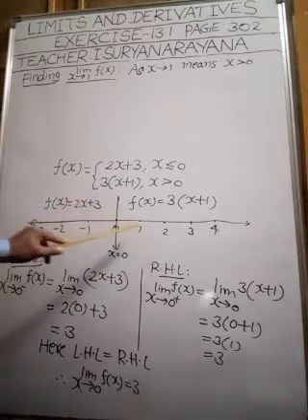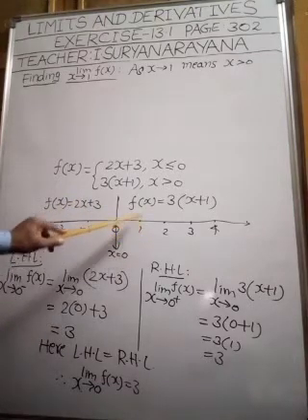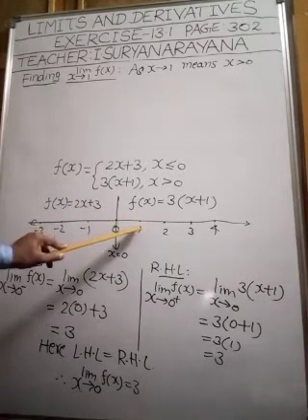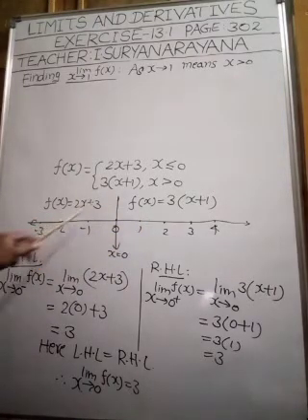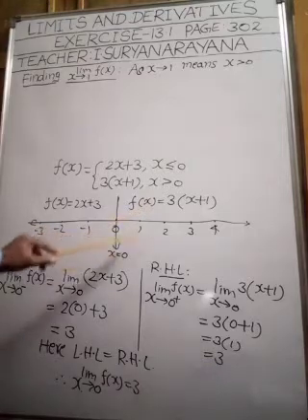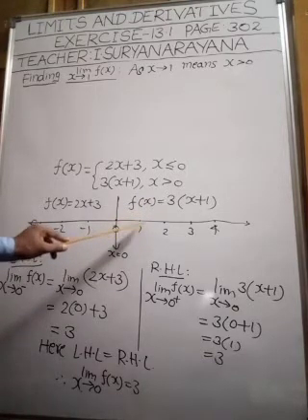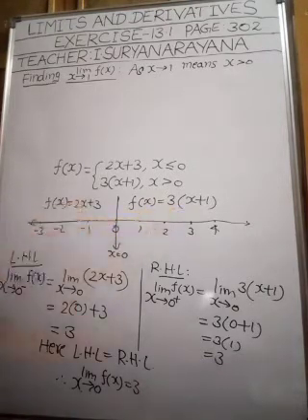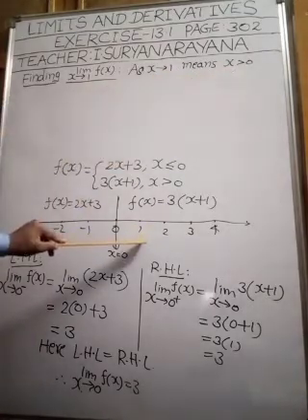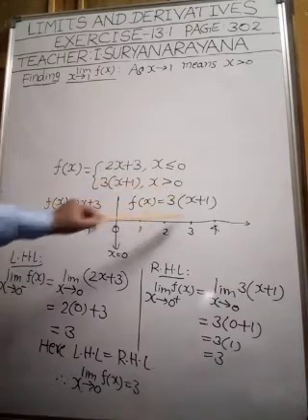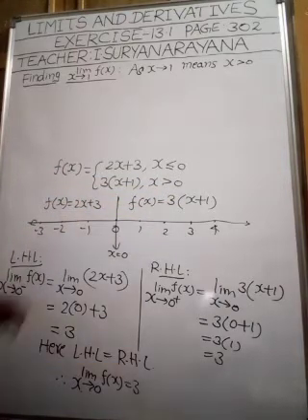No need to find the left hand limit and right hand limit of f of x at x equal to 1. Because f is defined in two different ways only at 0, but at x equal to 1 we can directly consider this function, since x tends to 1 means x is greater than 0. Yes, so we have to consider this only.